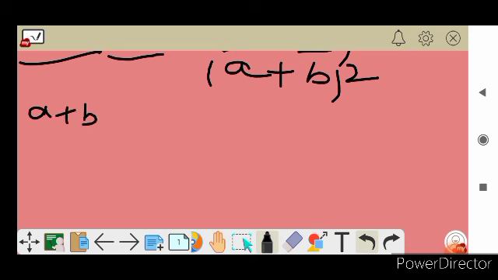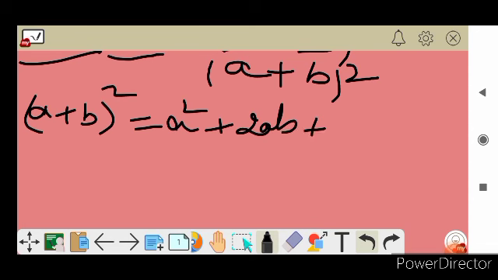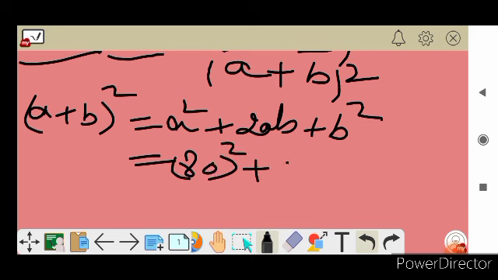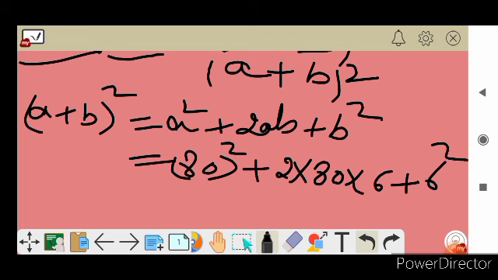So we will write the identity (a plus b) whole square equals a square plus 2ab plus b square, and here a is 80. So we write 80 square plus 2 multiplied by 80, and in place of b we write 6, plus 6 square. 80 square means 8 times 8 is 64 and 2 zeros.